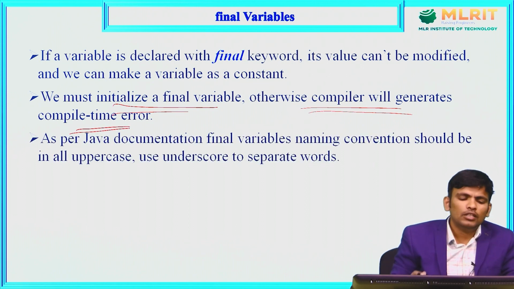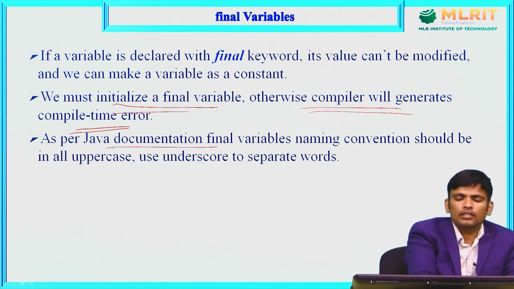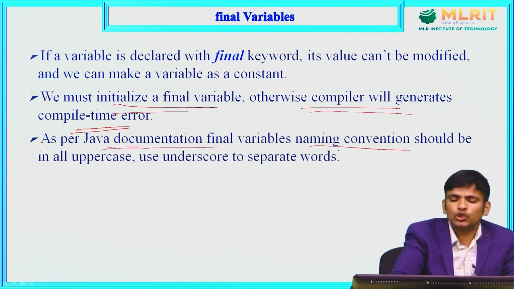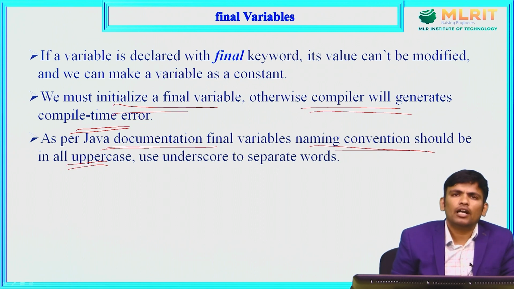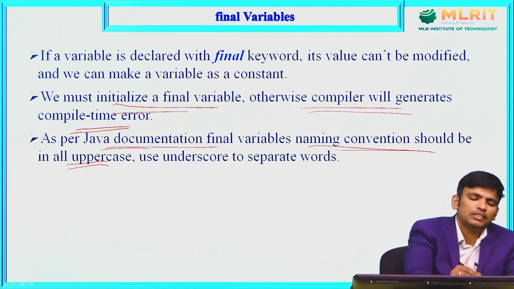As per the Java documentation, the final variable naming convention should be all uppercase. As we know, normal variables are in lowercase, but if a variable is declared with the final keyword, it becomes a constant. The convention for representing a final variable is that all characters must be uppercase.